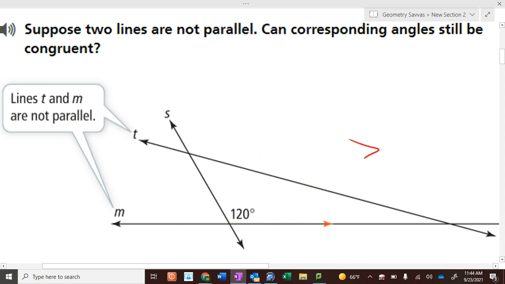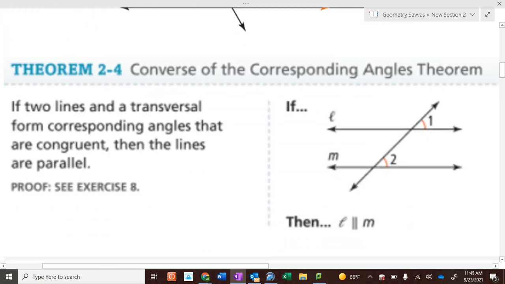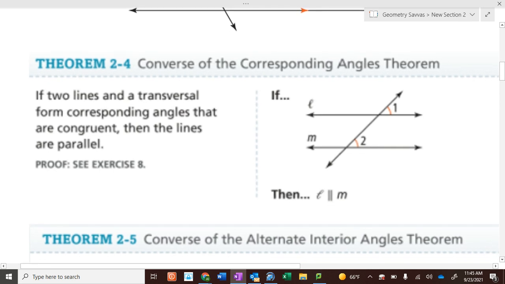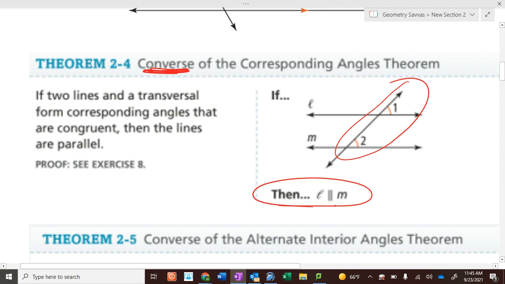Okay. So I'm going to fly through this next stuff really quick because we just saw it from up above. Now, you'll see the magic word converse here, and you'll use converse when you have the proofs on today's exercises. If we know that corresponding angles are congruent, then the lines are parallel.